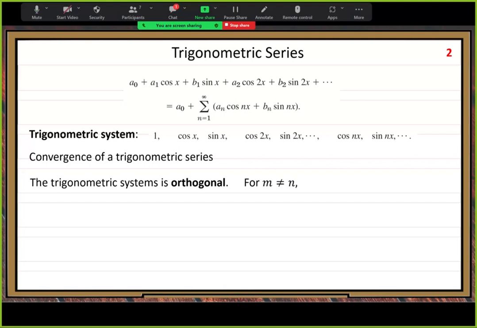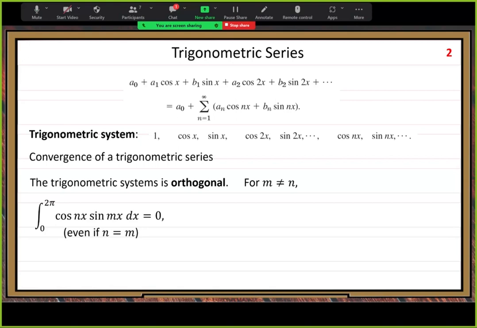Orthogonality means when m is not equal to n, integers, you take the product of any two different basis functions in the system and integrate over one period, from 0 to 2 pi. It equals 0.